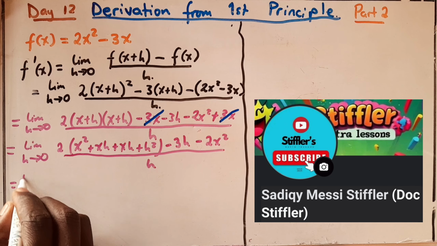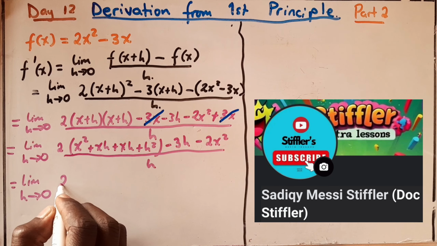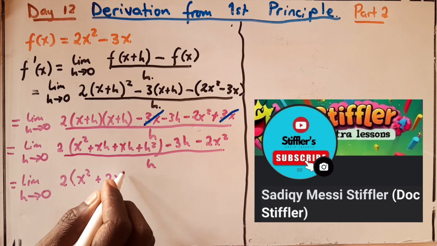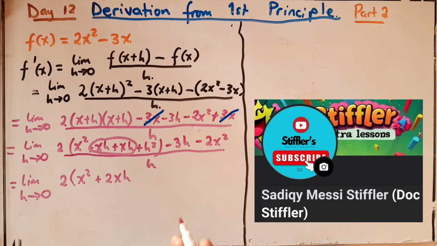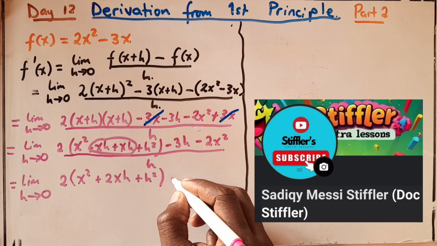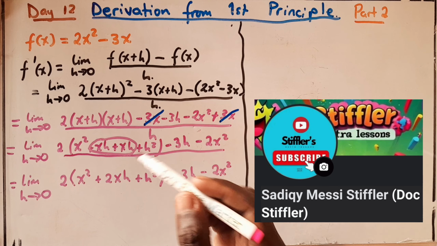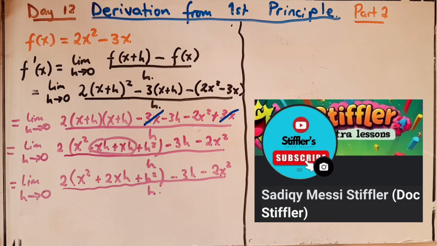So again, this is the limit when h tends to 0 of 2 and then x squared plus 2xh, because xh plus xh, that's 2xh, and then plus h squared, and then minus 3h minus 2x squared. So still we are having all this over h. Again, this is the limit when h tends to 0.